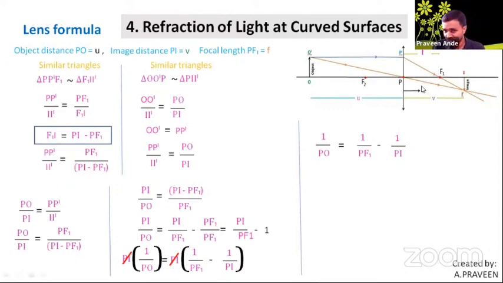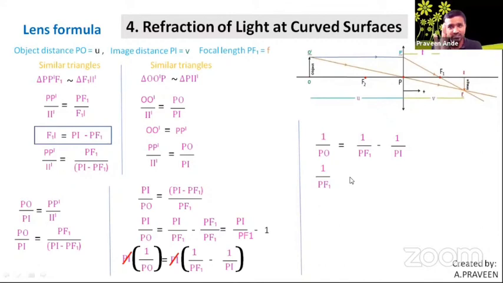Already I have mentioned them in the figure you are having on the screen now. Right side is positive, left side is negative. So who is on the right side? Focal length and image distance are taken to be positive, and object distance is on the left side, so that is taken to be negative here. Just before that, I am writing what is just shifting.